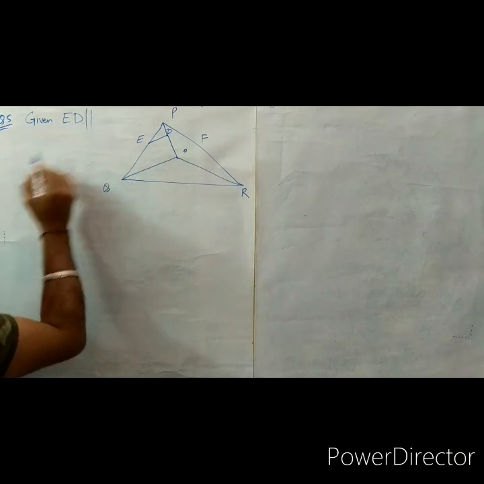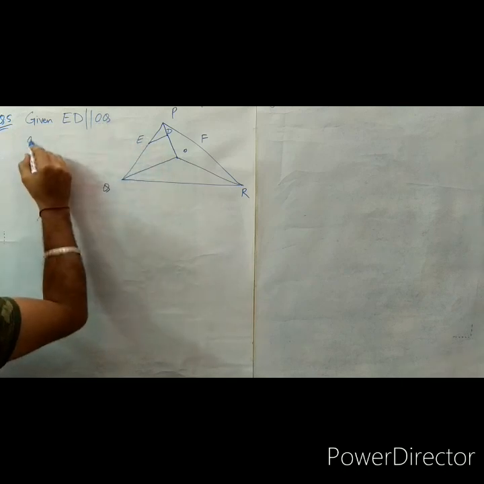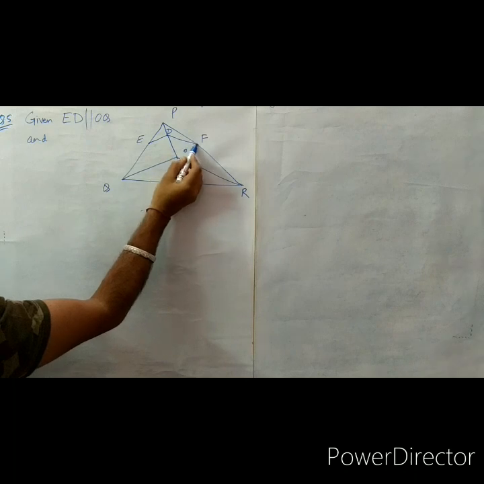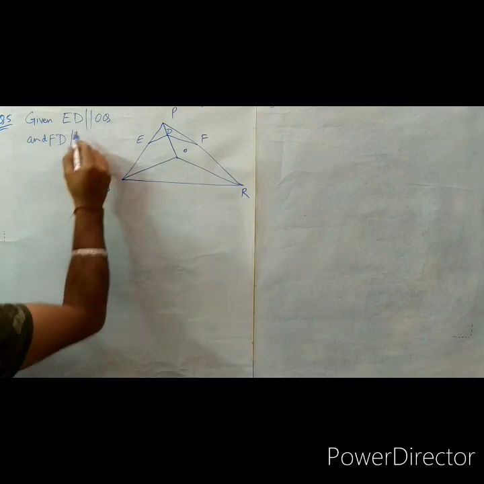ED is parallel to OQ, and FD is parallel to OR.